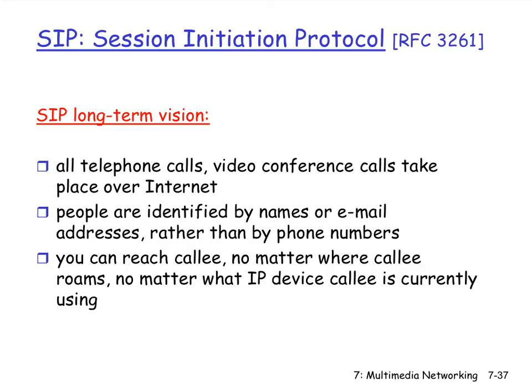Maybe they are traveling, they are in the car, here or there, and wherever you are, you have an IP. Okay, even if this IP changes, you don't care. Using one identification for you, which in many cases is a simple email, you are identified, and you can conduct all your live calls and conversations and chats wherever you are. Okay, even if you are roaming from one network to another.